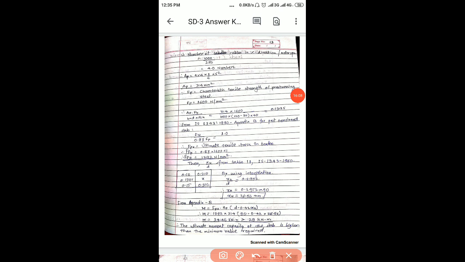AP is equal to 4 by 4. What we are doing is calculating the area of the reinforcement. And then fp is given, that is the characteristic tensile strength of pre-stressing steel.